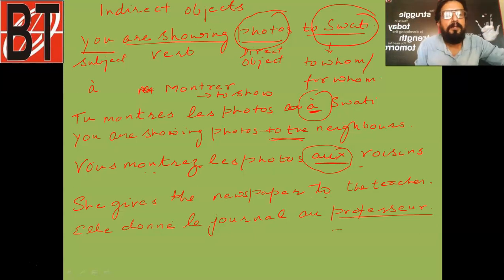Now, these are a few of the examples of the indirect objects, but let us find out how we use the indirect object while writing their pronouns.